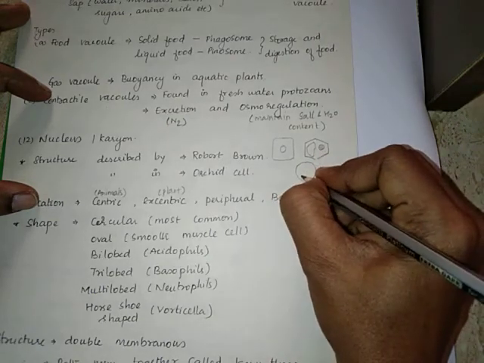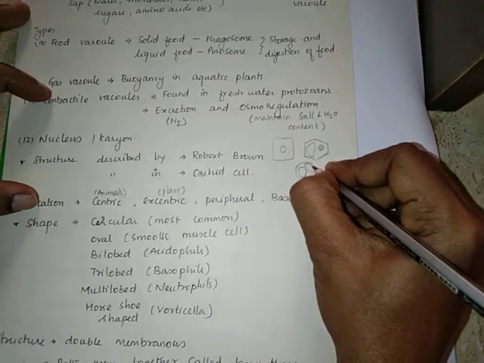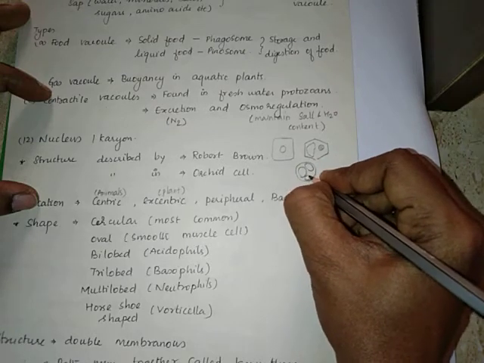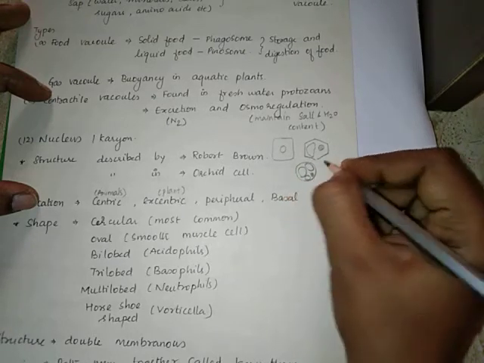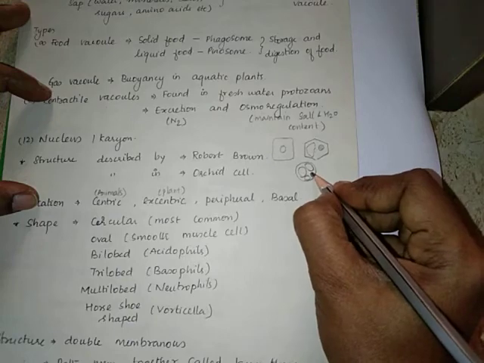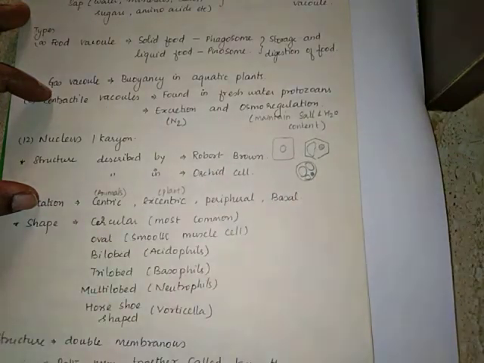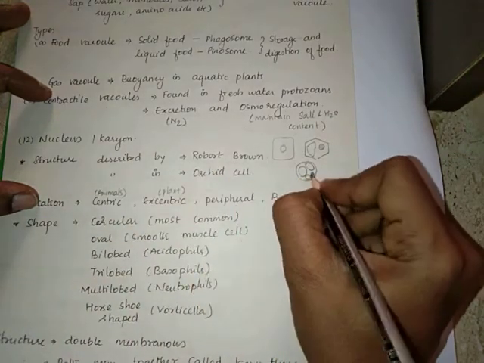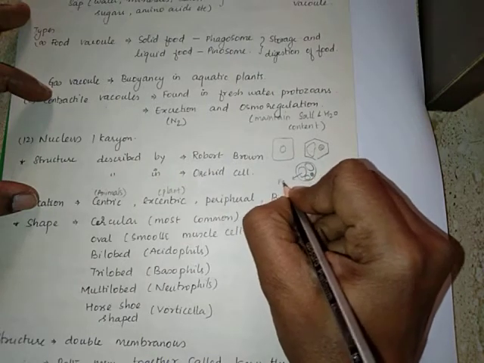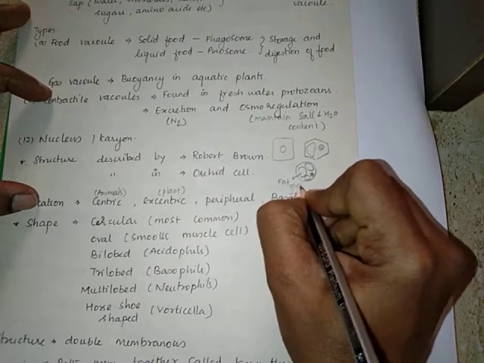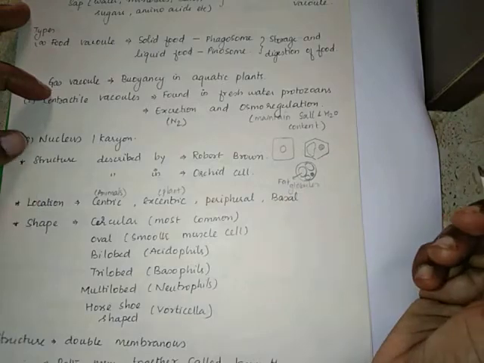Adipocyte cells are fat storing cells, they would have large fat globules that completely cover the cell, and the nucleus will be pushed very close to the plasma membrane. That is peripheral nucleus. So these are fat globules in adipocytes.